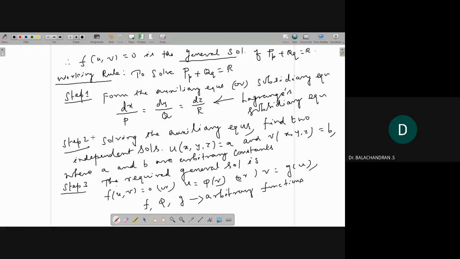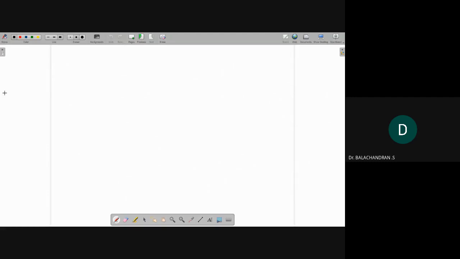Now, we need one more note. The subsidiary equations can be solved by two different methods.